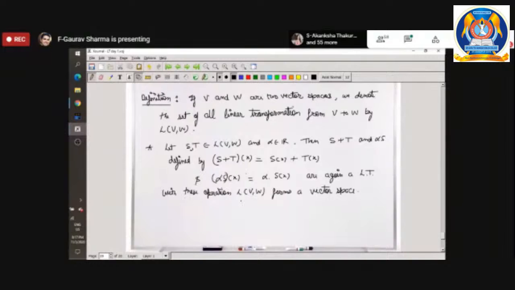With these operations, L(V,W) forms a vector space. We can check all the properties of a vector space. We have a zero transformation, so there is a zero vector also. Addition and scalar multiplication are defined, and we can prove the other properties also.